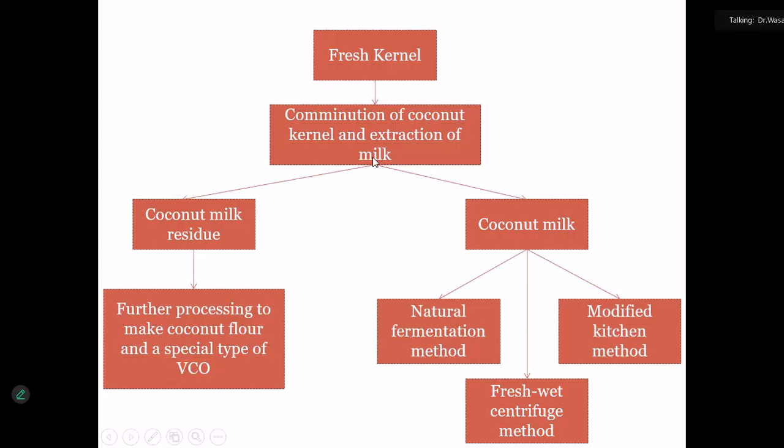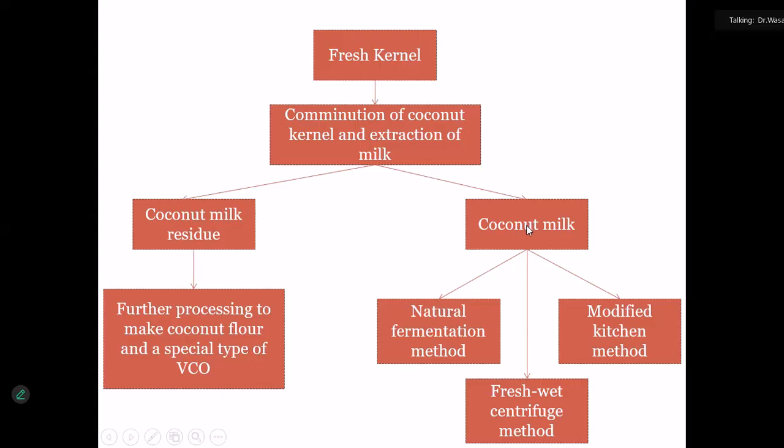You may have coconut milk and milk residue. Milk residue means the coconut residue. Using a strainer we are filtering, so the coconut milk residue, the particles, remain over, and the coconut milk you can separate.